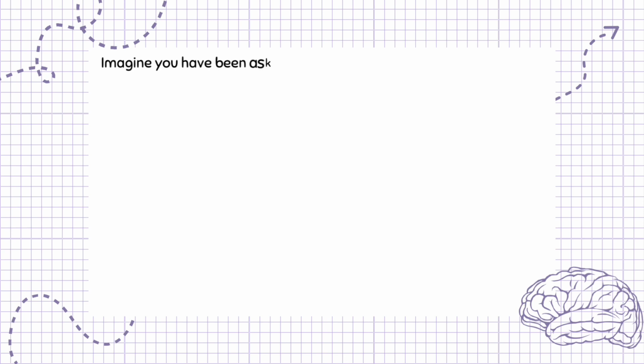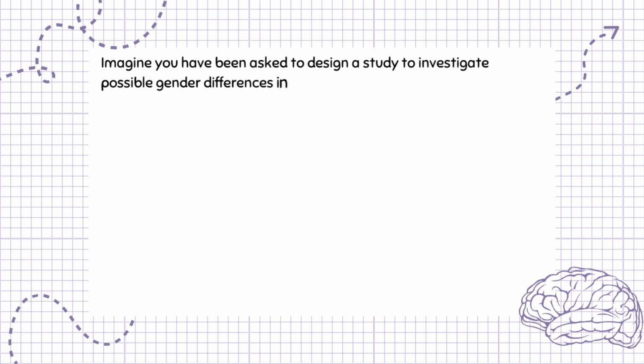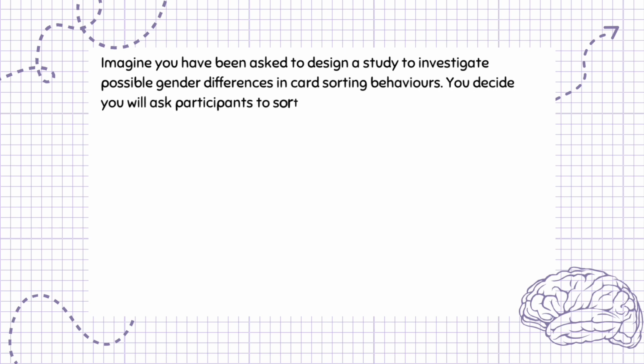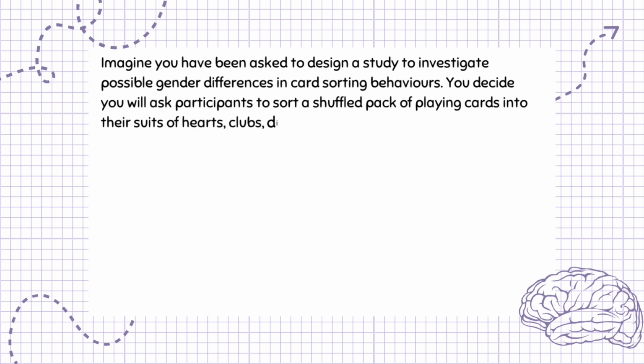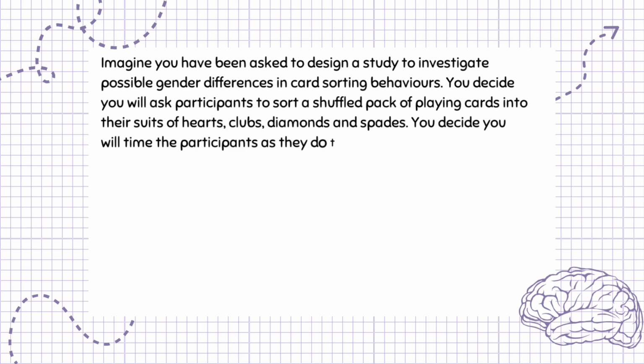Imagine you have been asked to design a study to investigate possible gender differences in card sorting behaviors. You decide you will ask participants to sort a shuffled pack of playing cards into their suits of hearts, clubs, diamonds, and spades. You decide you will time the participants as they do this using a stopwatch. Question 13.